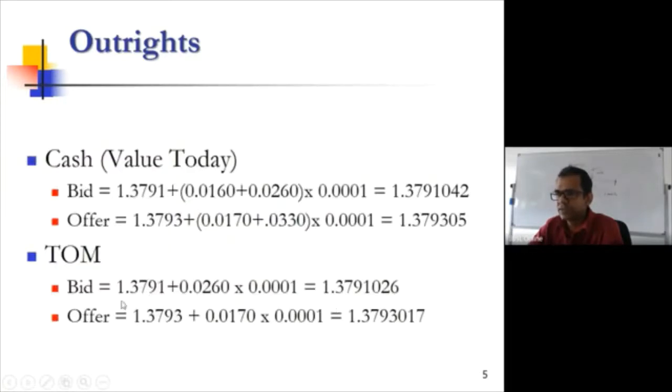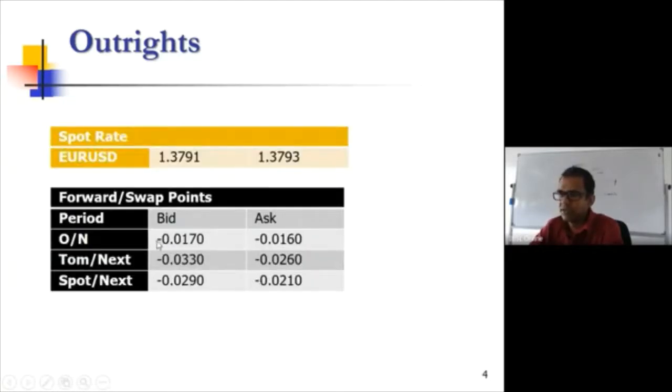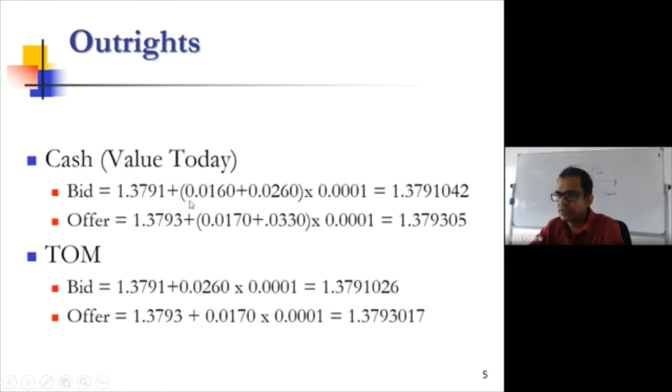Start with the bid of the spot, add the Tom next swap points on the offer side and divide by 10,000. To get the offer, start with the offer side of the spot and add Tom next swap points from the bid side. Why do we add here? Because the points are negative here. If the points are positive here, then we have to put a minus sign in all these places.